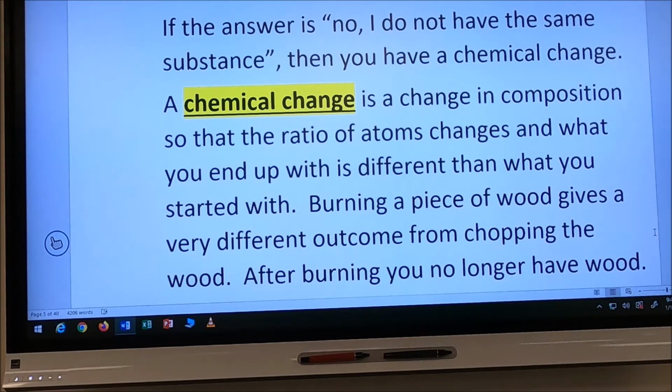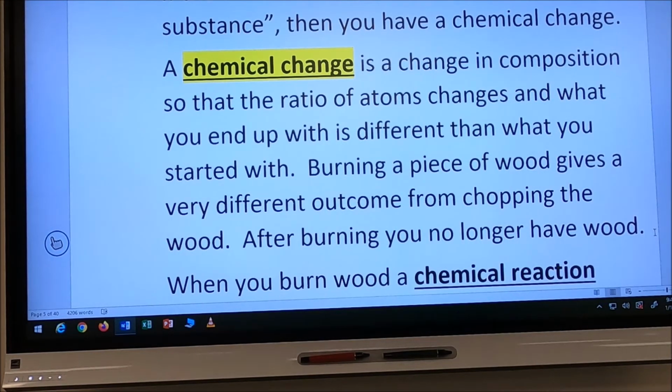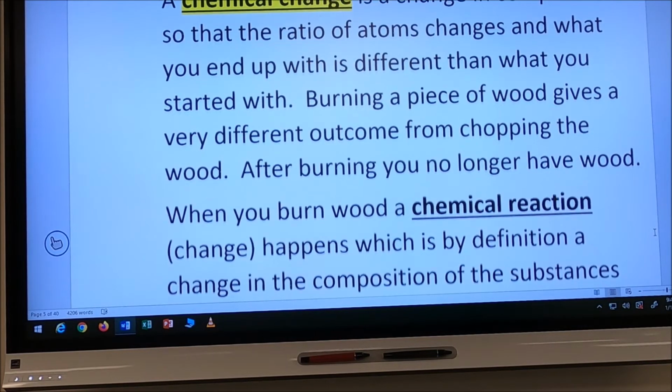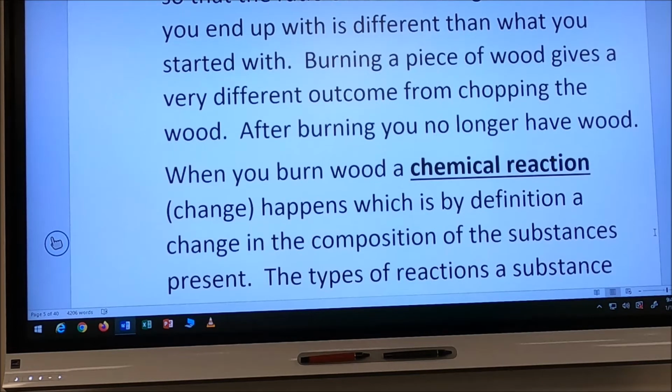It will also have a different set of chemical properties, but you'll probably recognize the physical properties. Those will be obvious. So when you burn a piece of wood outside, what you get is ash. And ash doesn't look anything like the wood you started with. So that's a chemical change. But if I took a piece of wood and I took an axe to it and I chopped it up, I just have smaller pieces of wood. That would be a physical change.